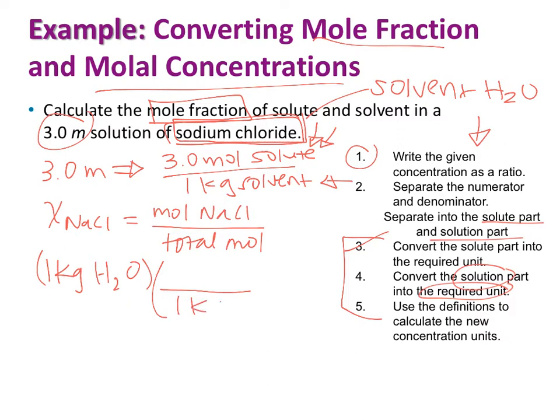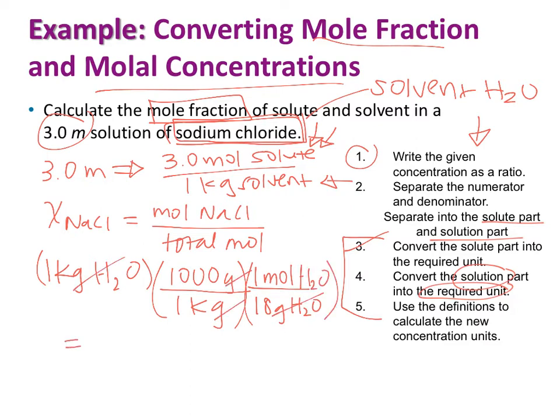So in 1 kilogram, there is 1,000 grams. And then we will use the molar mass to get to moles of H2O. So 18 grams of H2O gives us 1 mole of H2O. So all that cancels out. And then we should end up getting moles. Now you should end up getting 55 mole of H2O.